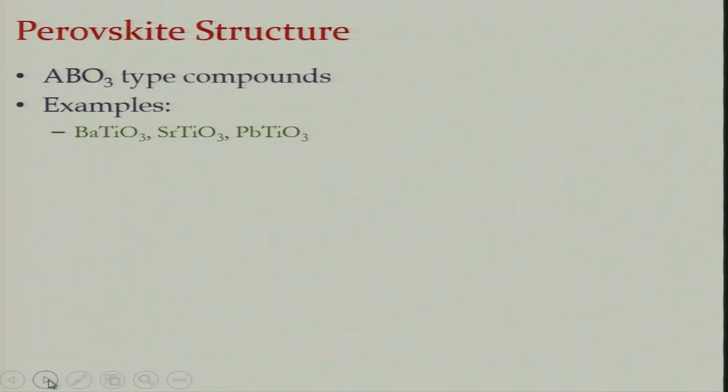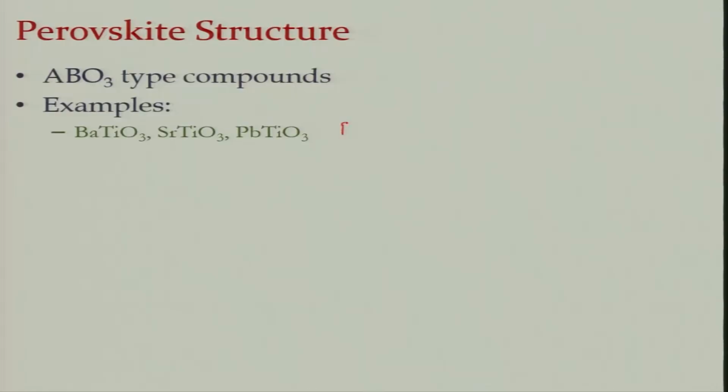In fact, many other materials which don't have a simple formula also tend to follow perovskite units as building blocks. For example, materials such as Bi4Ti3O12, it is a very tall structure, but it tends to follow the perovskite unit cell because perovskite units are present as building blocks in these materials.